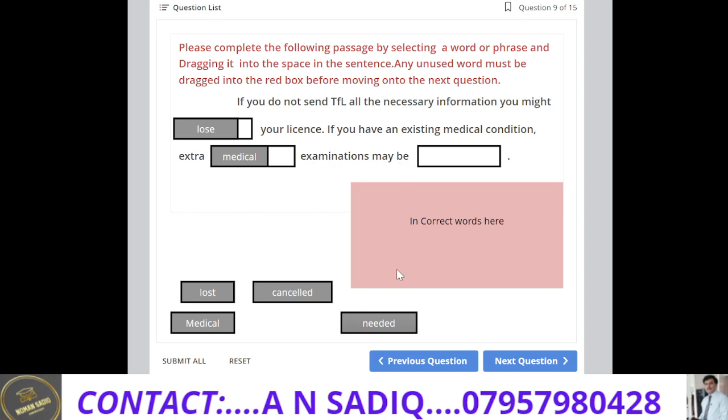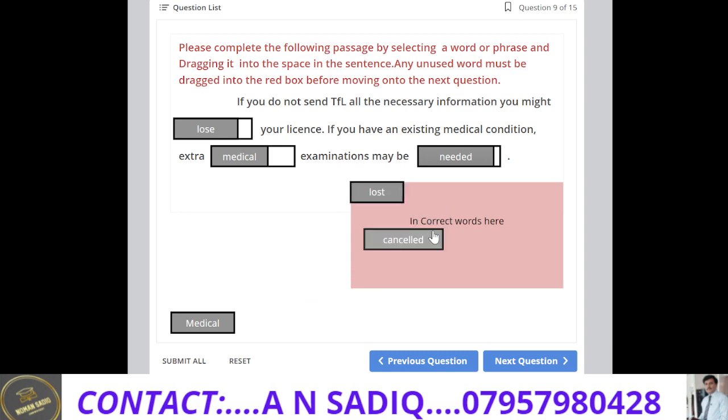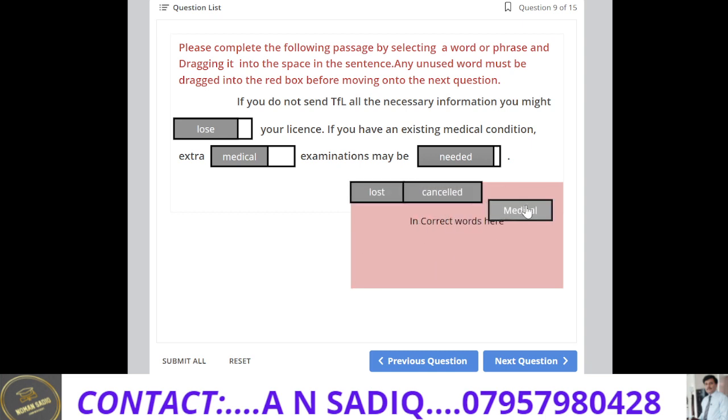"Extra examinations may be cancelled" doesn't make sense. So it may be needed. If you have an existing medical condition, extra medical examinations may be needed. So it will be here, cancelled will be here, and medical will also be here.